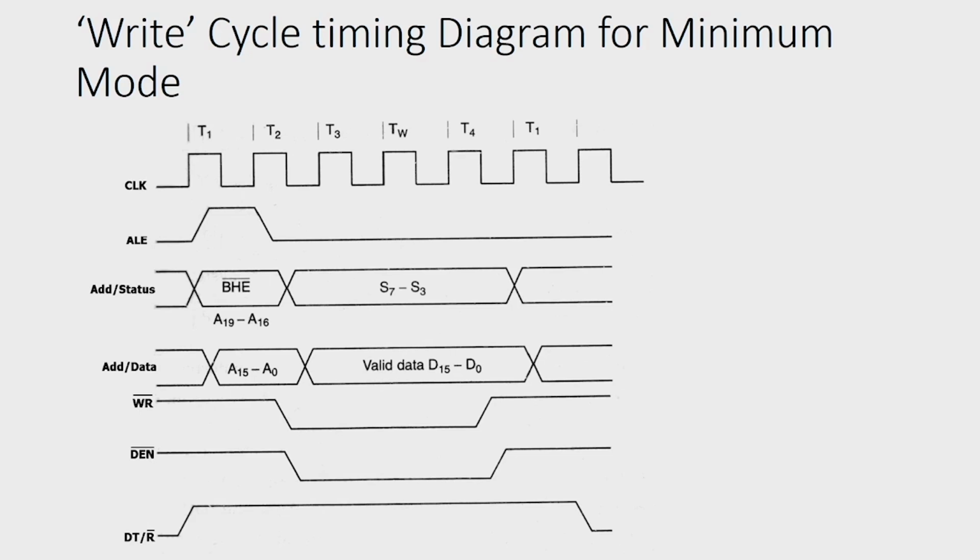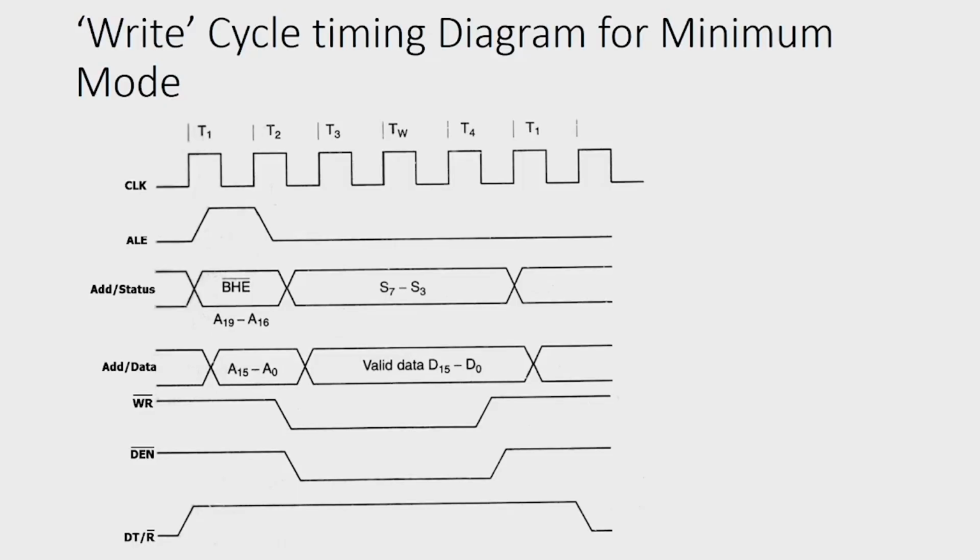In case of a read cycle, the microprocessor has to read data from the slower external device, so the operation will be a little delayed. In case of a write operation, the microprocessor sends data to the transceiver, so DEN bar will be low a bit earlier than in the read cycle.